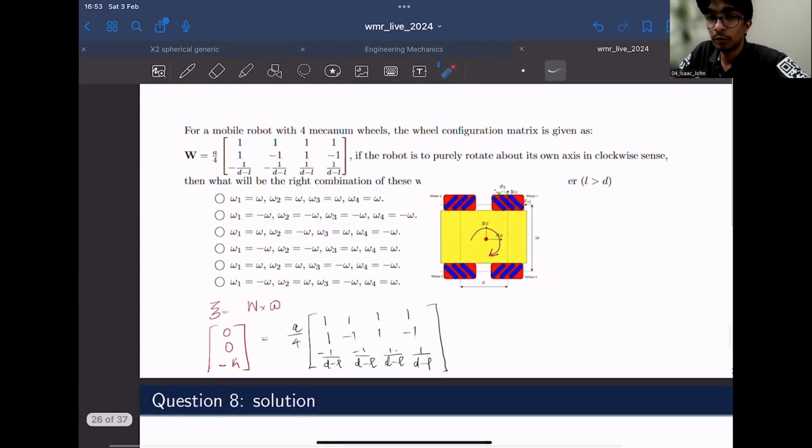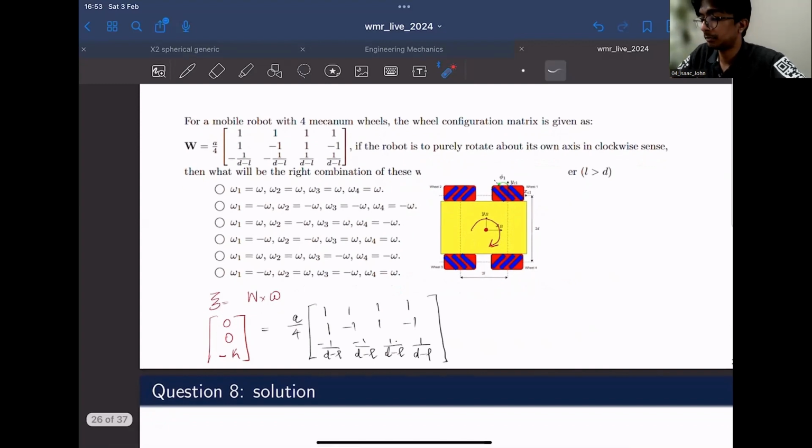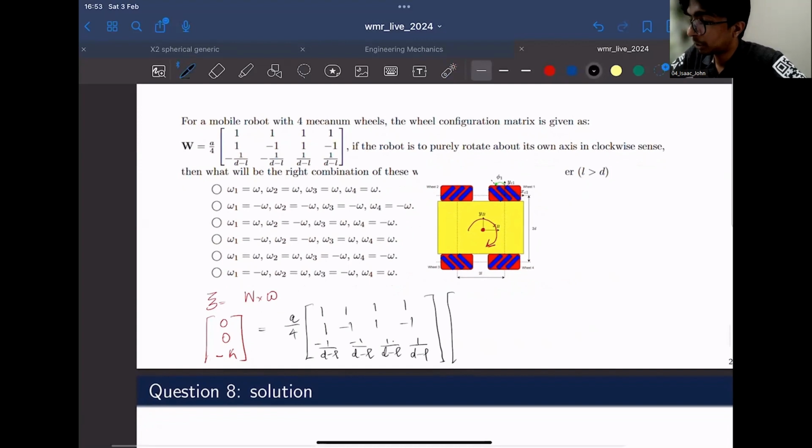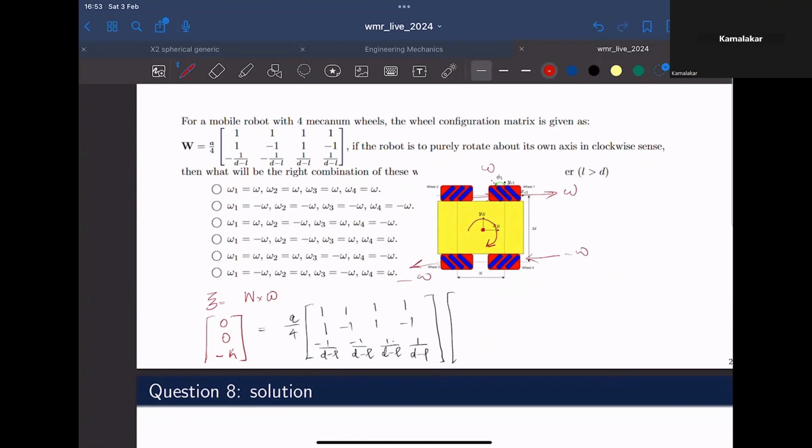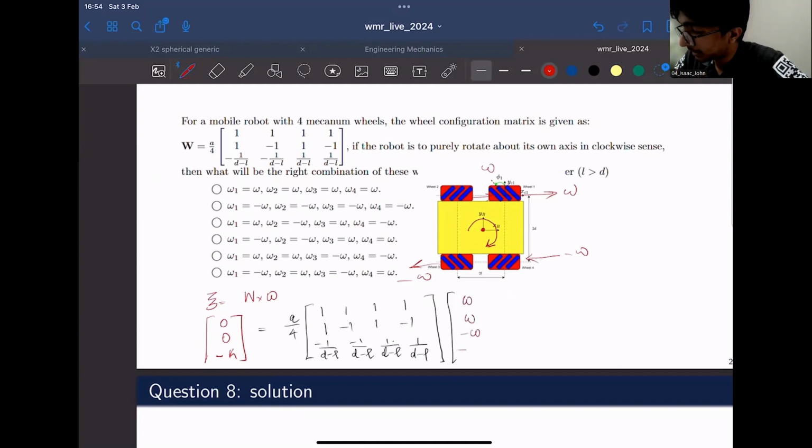So we'll go with the easiest option. If omega 1 and omega 2 are going along this direction, for example, this is omega, this is omega, and this is minus omega, minus omega, see whether it will give you the right solution. So omega, omega, minus omega, minus omega. If you multiply this out, what will you get?